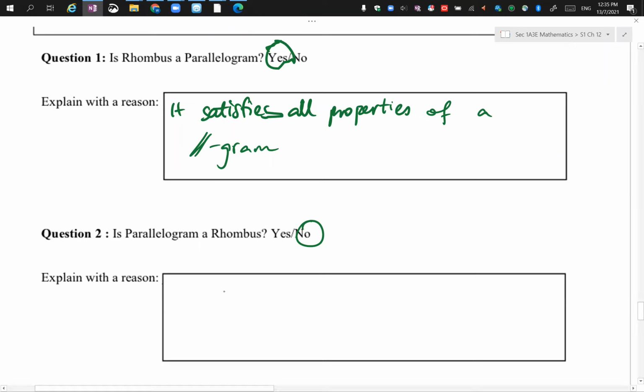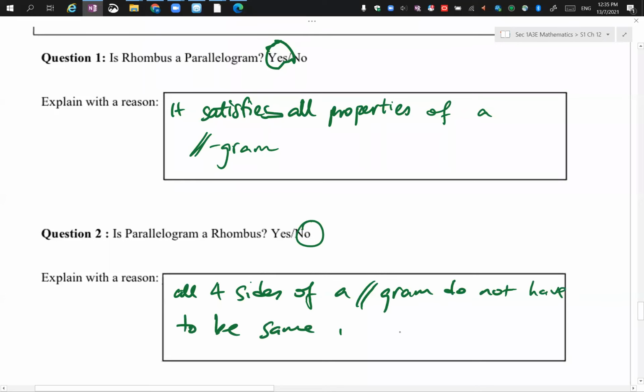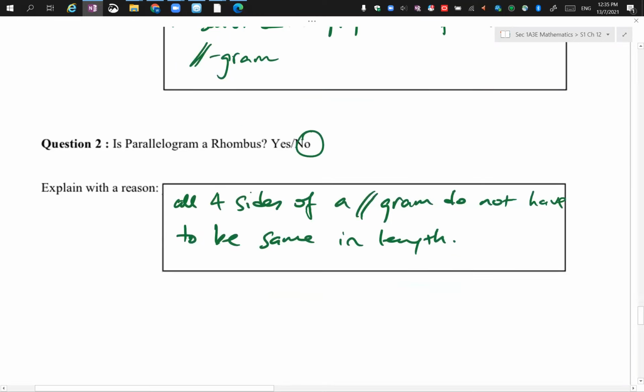All four sides of a parallelogram do not have to be the same in length. Only two opposite sides need to be the same in length for it to be a parallelogram. Okay, so you can just word it yourself.